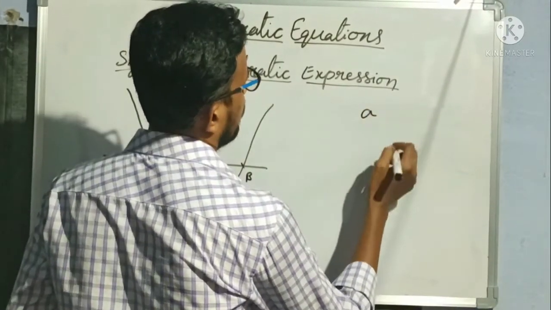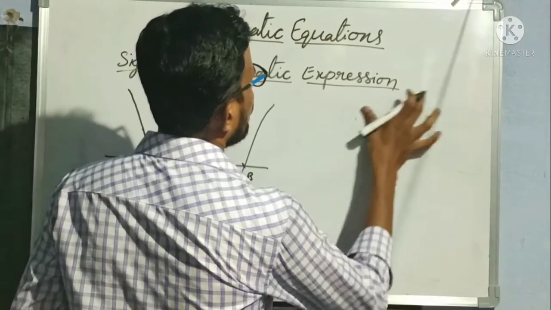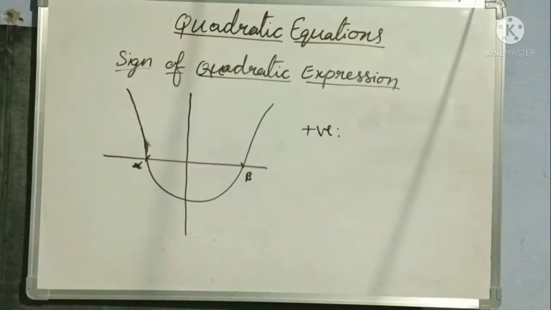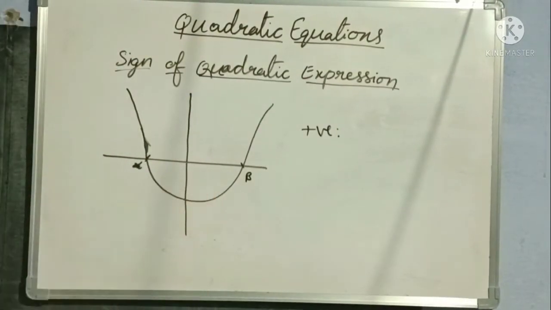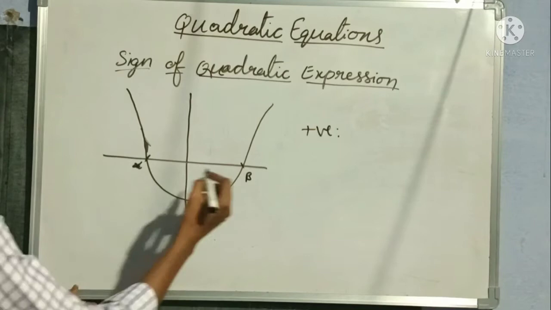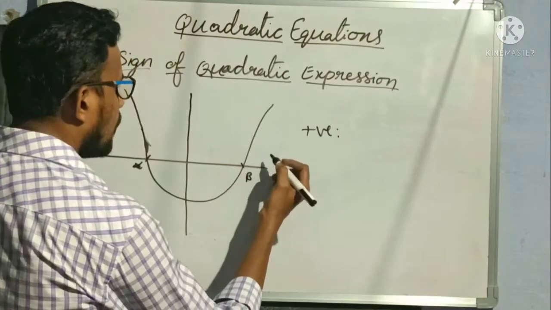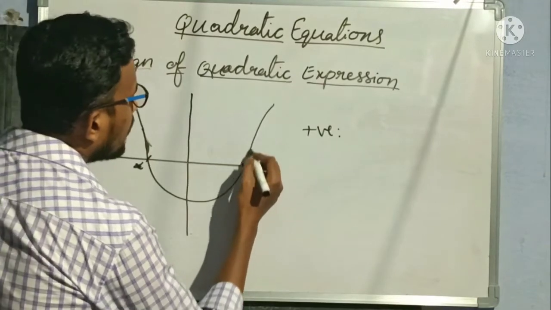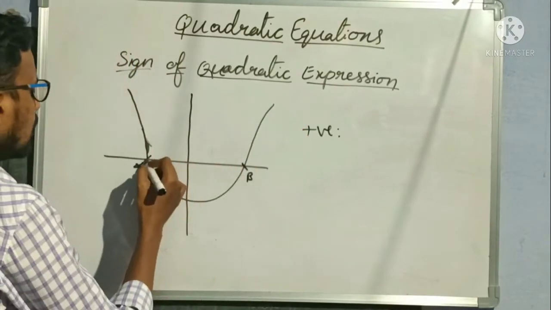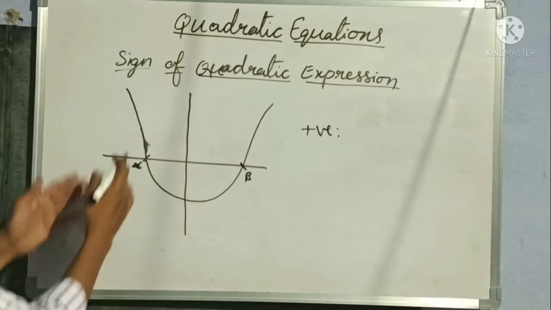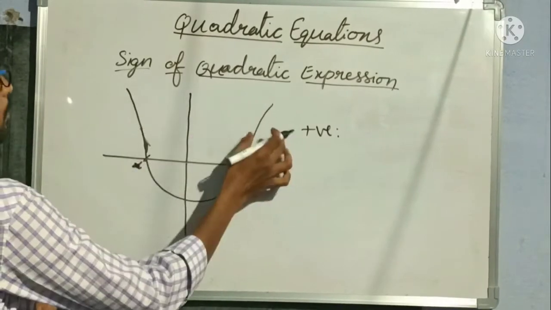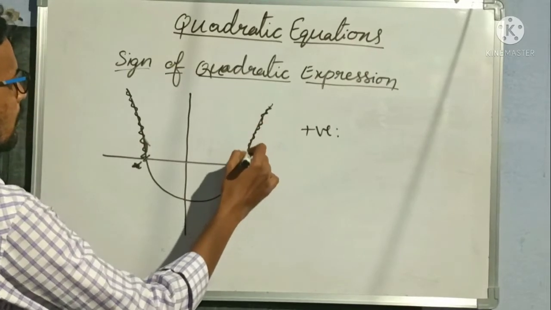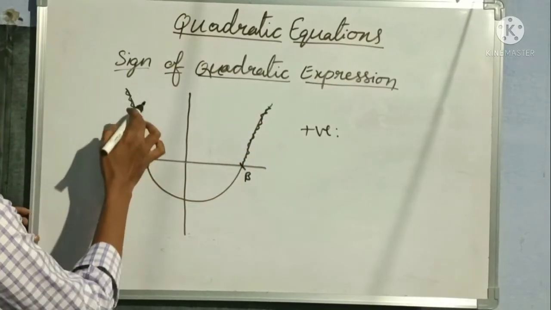So when will our graph be positive? See here, outside the roots. Means if we go beyond the roots, outside this part and this part, wherever you take a point, that will be positive.